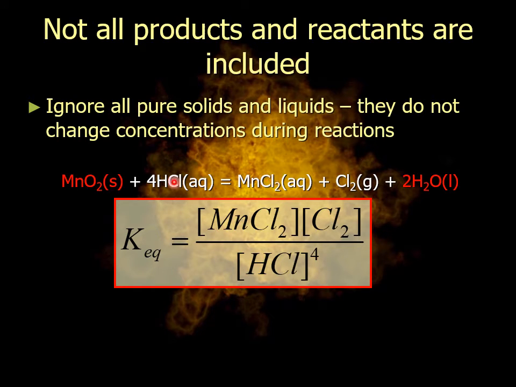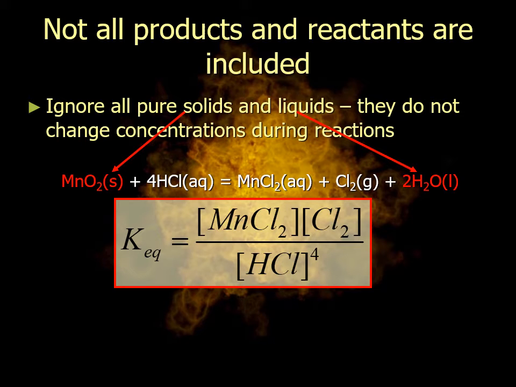And again, the same rules apply. So these both have a coefficient of 1, so their exponent is 1. The HCl has a coefficient of 4, so it's molarity of HCl raised to the power 4. So expect to be asked questions to write equilibrium constant expressions, and be on the lookout what states the reactants and products are in, because not all of them are going to be included.